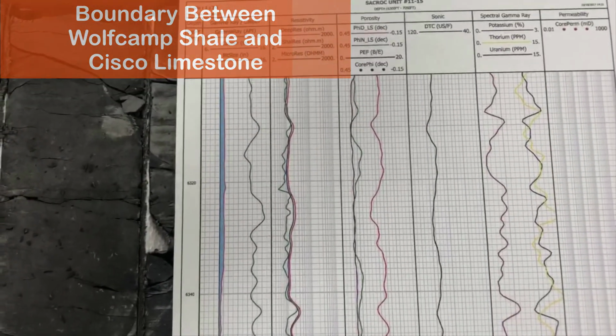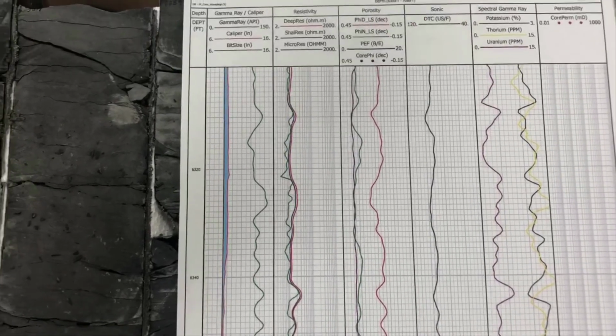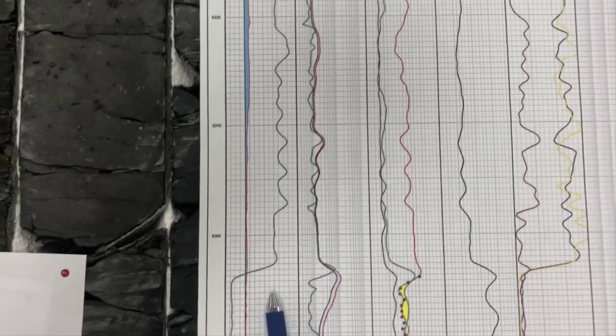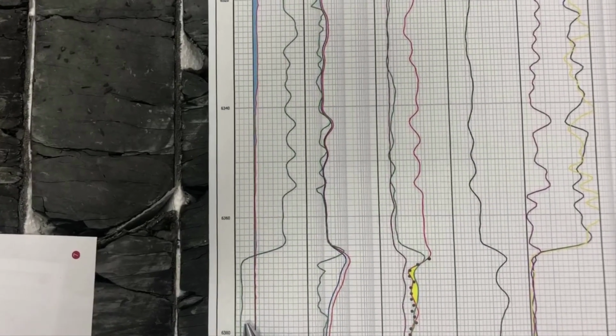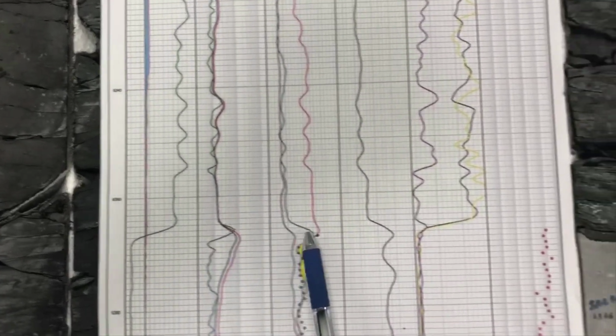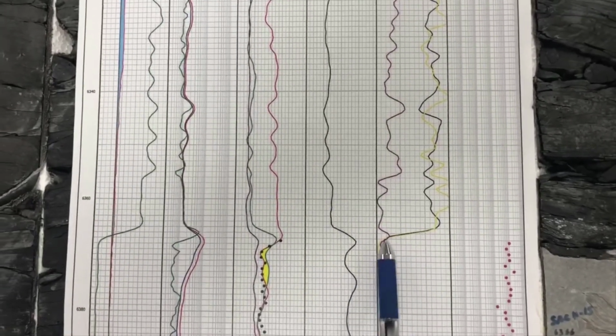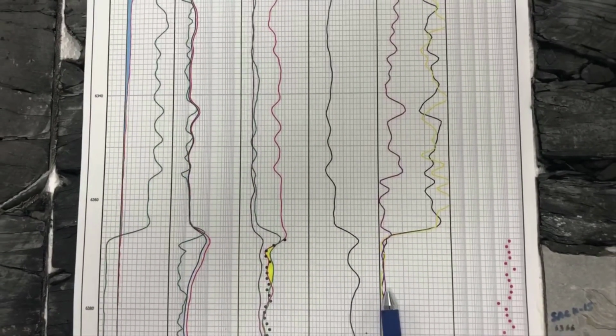Let me show you the scale here. That's the gamma ray log. Transitions to very relatively high values to almost negligible values of gamma ray log. If you look at the spectral gamma ray logs here, all three logs decrease at the same time.